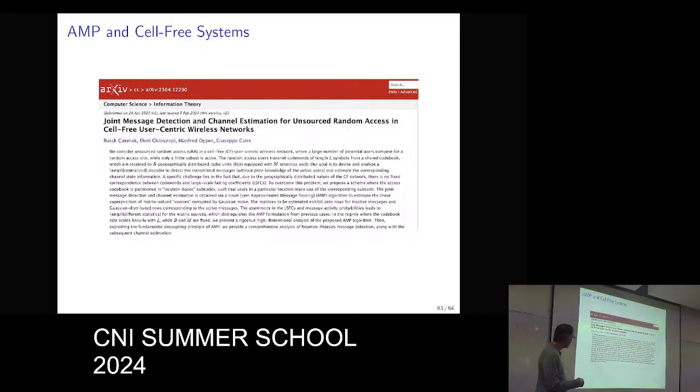And then there's also a paper from Giuseppe Caire and his co-authors, whose name I would be hard-pressed to pronounce right now, which has a different, stronger version of self-free, using approximate message passing in a different context: unsourced random access with multiple antennas. So these ideas are currently propagating to different corners of the research world.